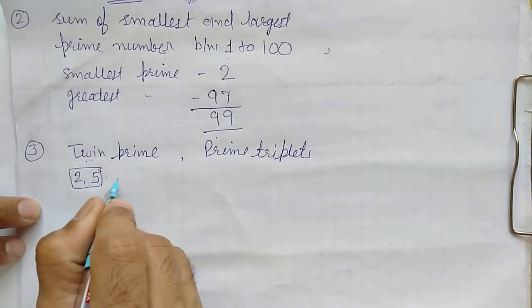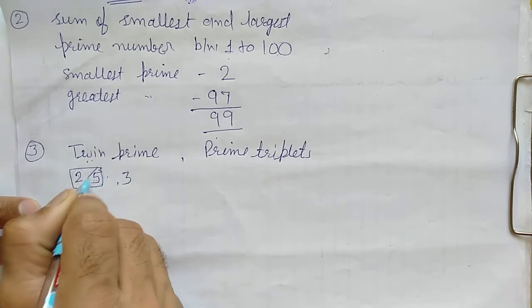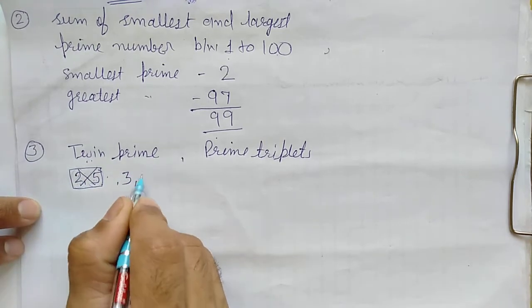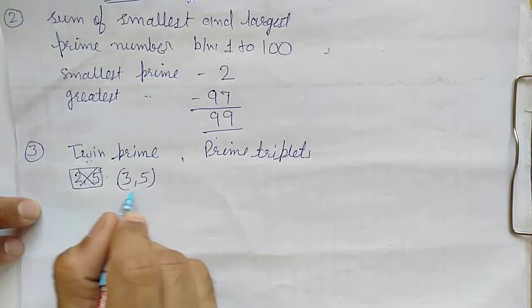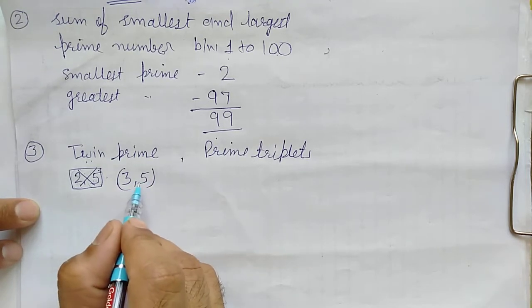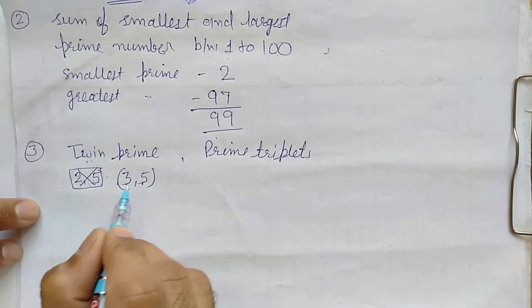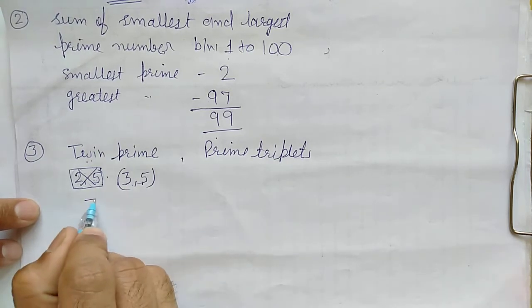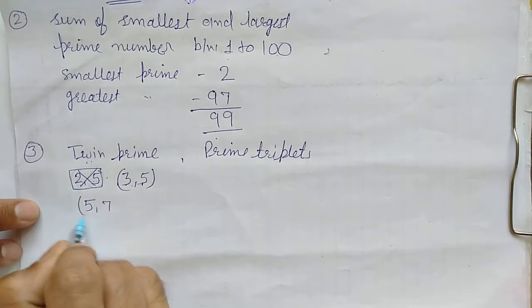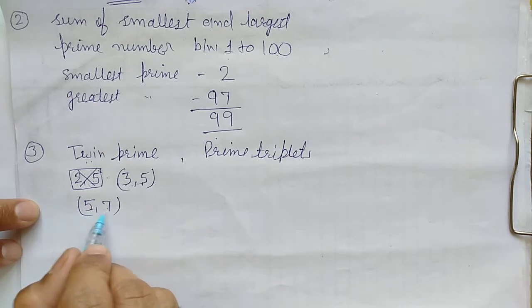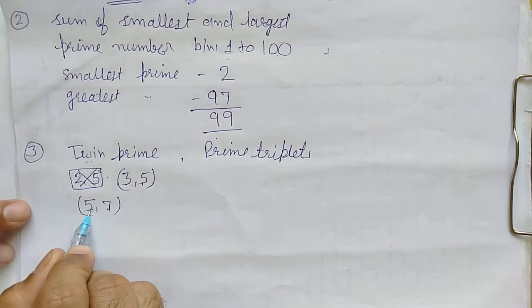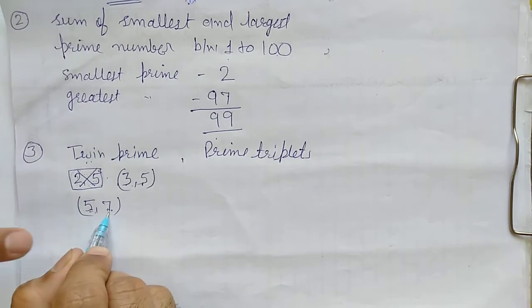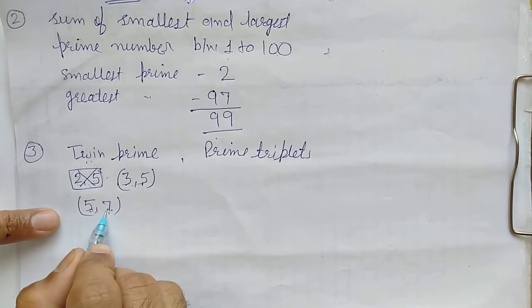Another example, 3 and 5, both are prime. Now the difference between them is 2. Yes, this is twin prime, right? One more example, 5 and 7. The difference between them is 2 and they both are prime. It means they are twin primes.